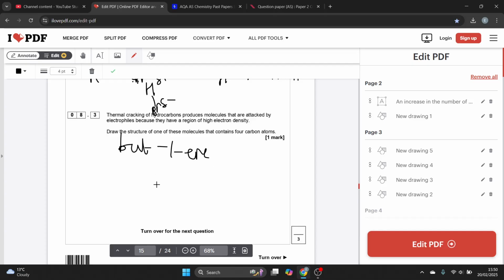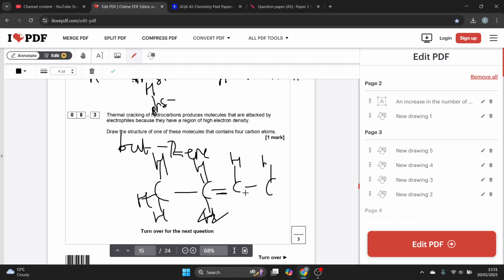So structure, methane, ethane, propane, butane. Actually, I'll do but-2-ene instead. Why not? So there. Here's a double bond. That goes, sorry, here, here. C4H8. 1, 2, 3, 4, 5, 6, 7, 8.